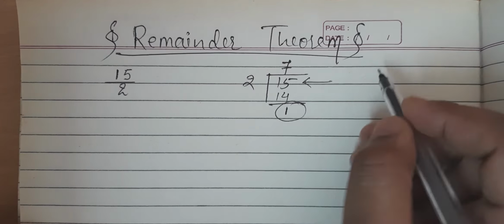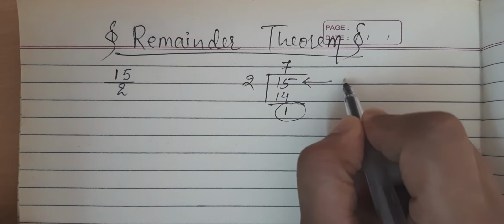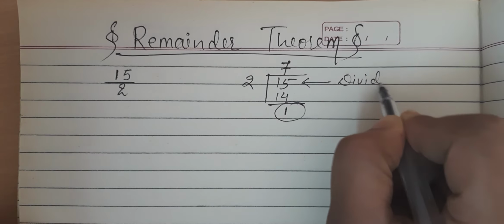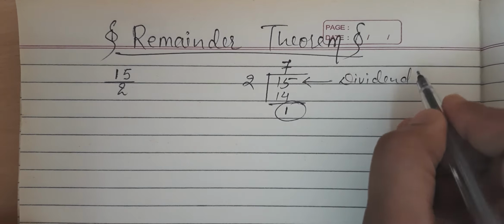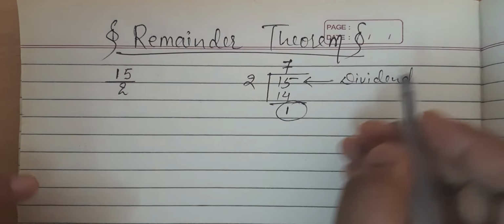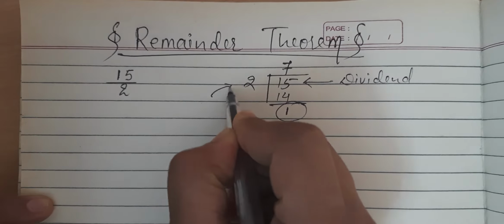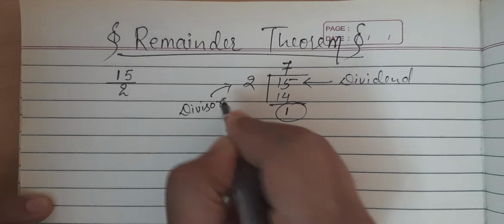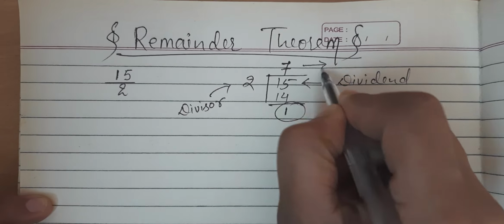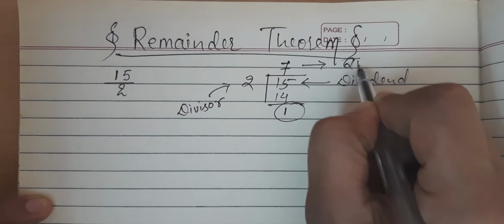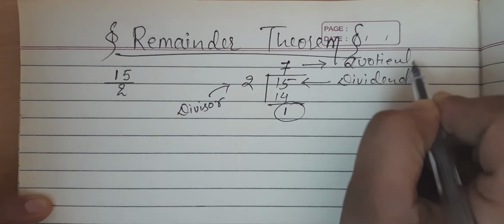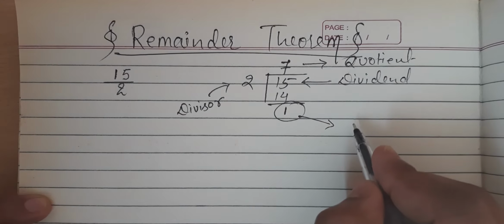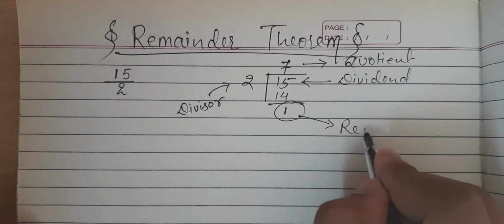So this 15 is called dividend. This 2 is called divisor. This 7 is called quotient, and the remaining 1 is called remainder.